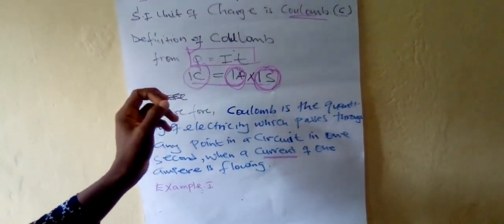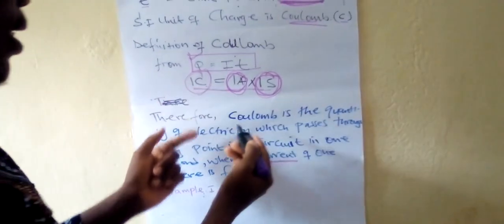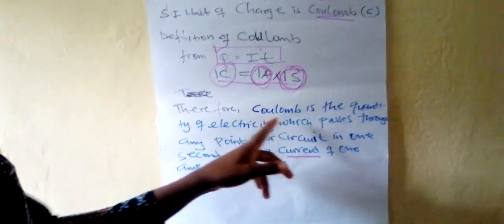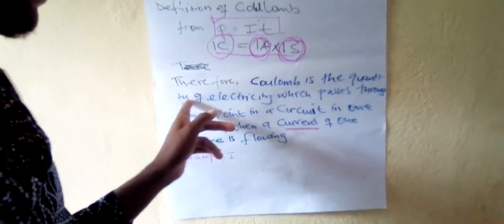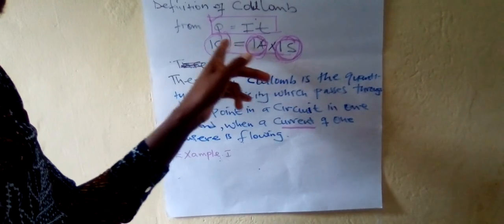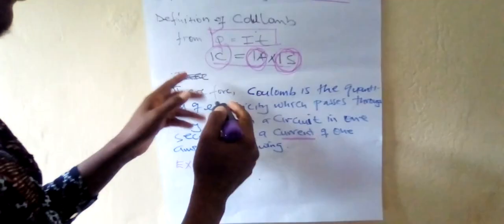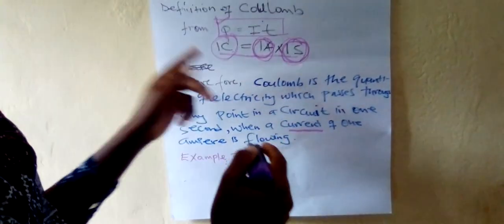From this we can get our definition of a coulomb. A coulomb is the quantity of electricity. Remember, charge is the same as quantity of electricity.